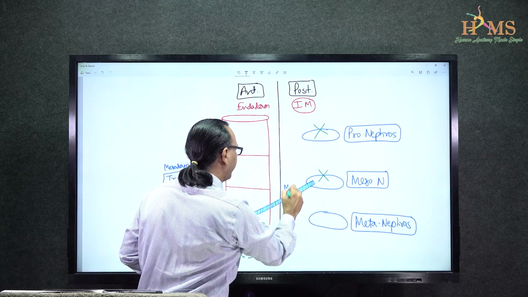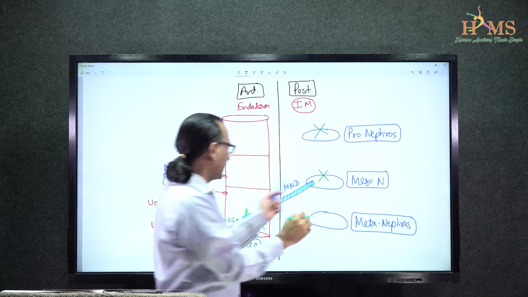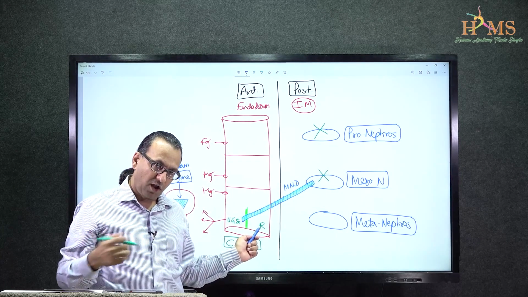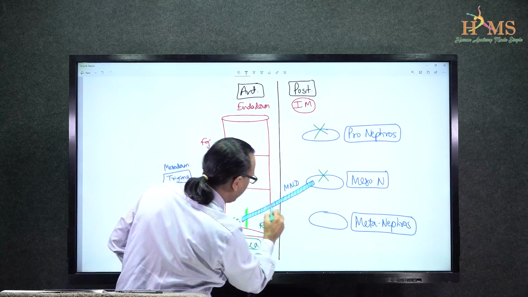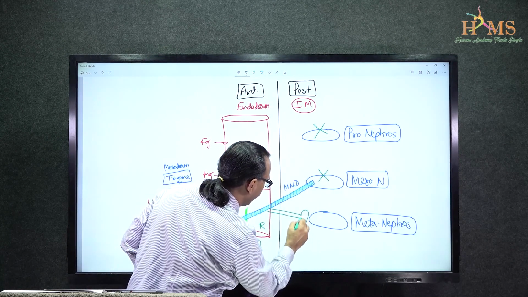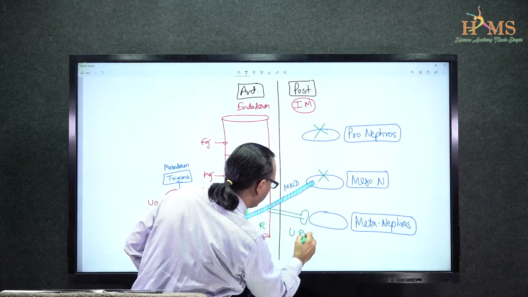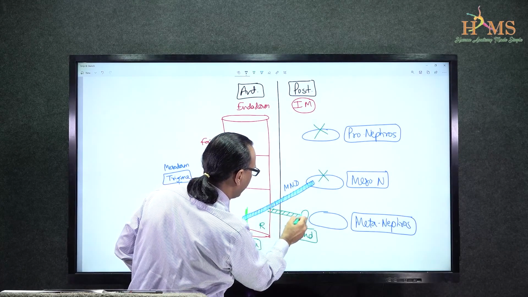And this mesonephric duct is important because it will give us a bud which is called ureteric bud. And that ureteric bud is important because it is going to penetrate the metanephros.